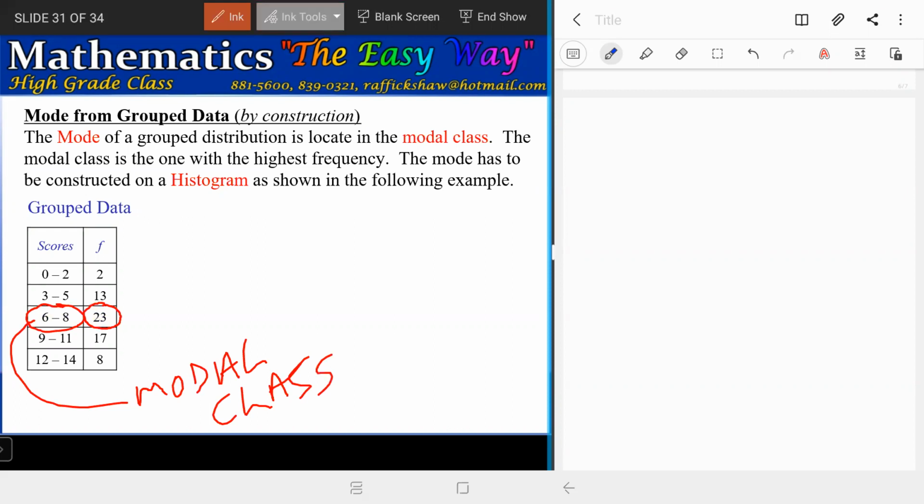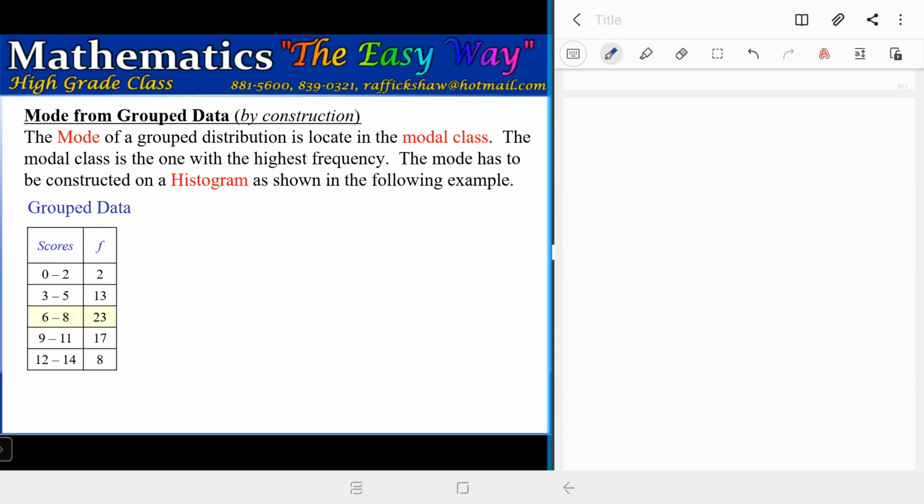It's going to be the tallest bar on the histogram when you draw it. So the modal class is 6 to 8. If those are kilograms, this is 6 to 8 kilograms. That's the modal class, and they like to ask that: what is the modal class? What they don't ask a lot is the actual mode.